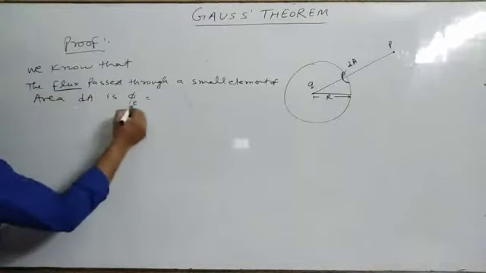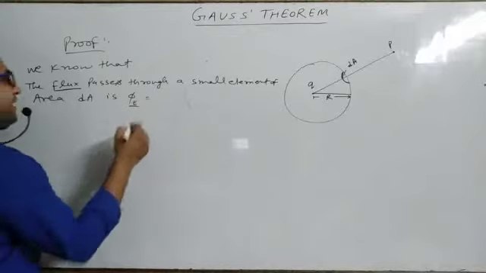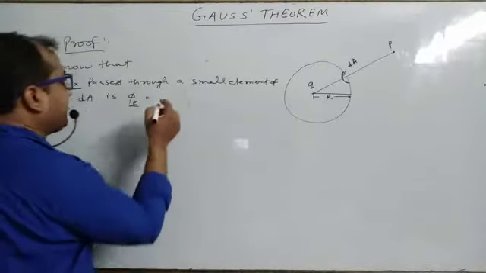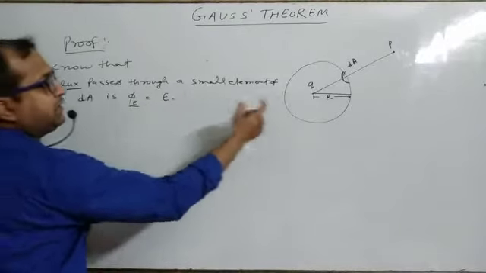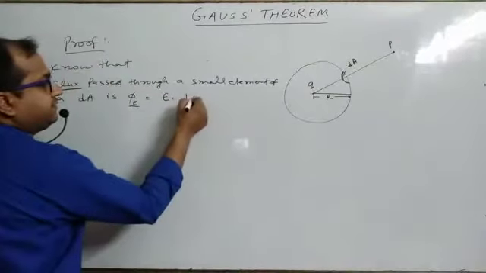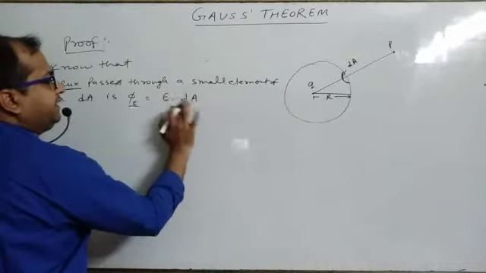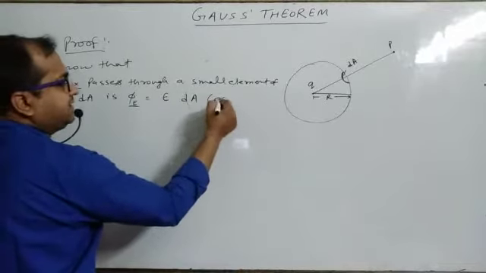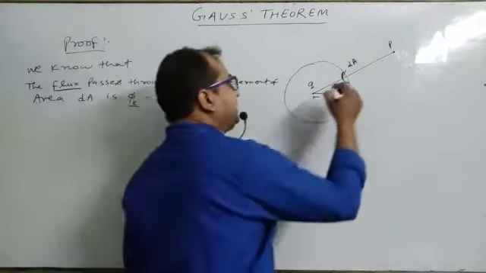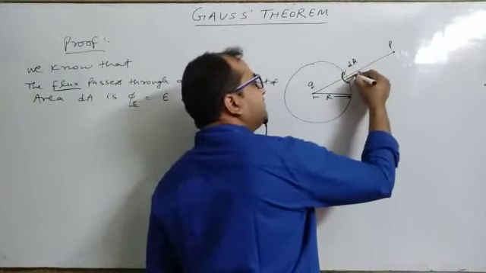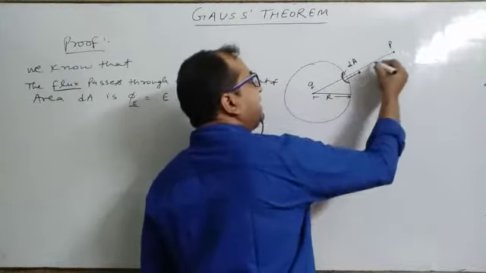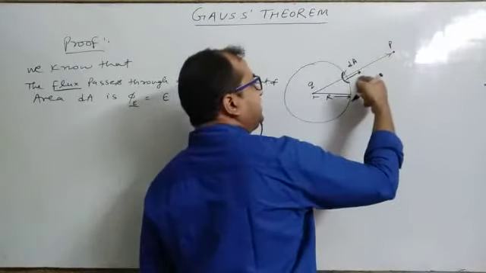Flux phi is equal to EA cos theta. So E dA cos theta. You know the direction of the area vector is perpendicular to the surface, and the electric field direction is similar to the area.